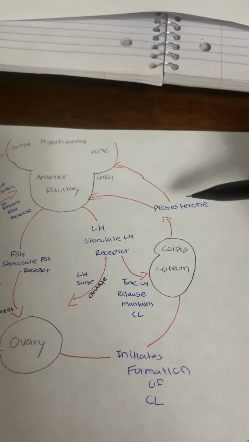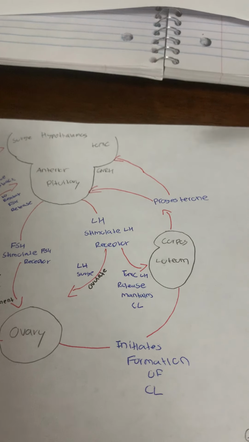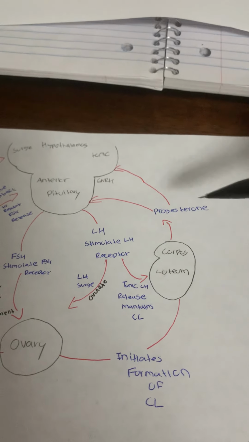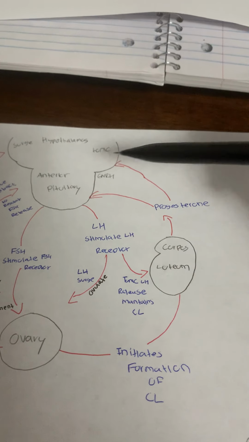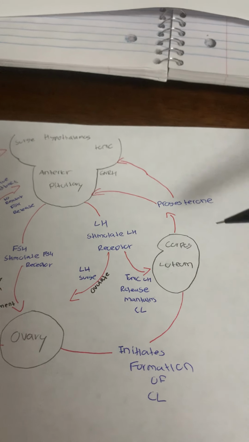And so when we have this, the levels of our other hormones, like our estrogen, for example, are low. And so then this is going to go back into our hypothalamus and anterior pituitary gland.